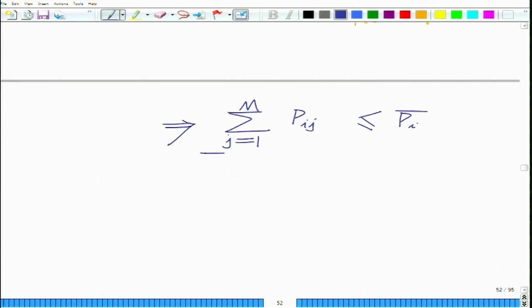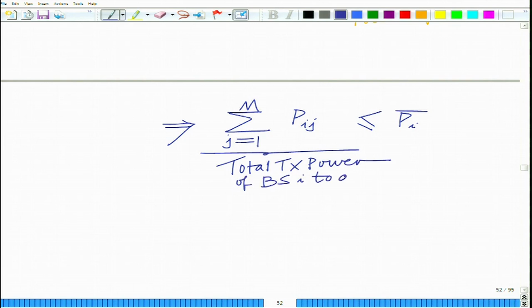This is the total transmit power of base station i to all M users. So this has to be less than or equal to P i bar.